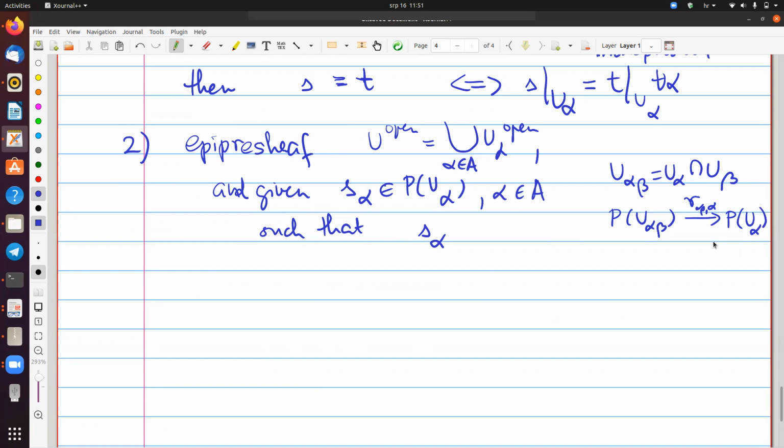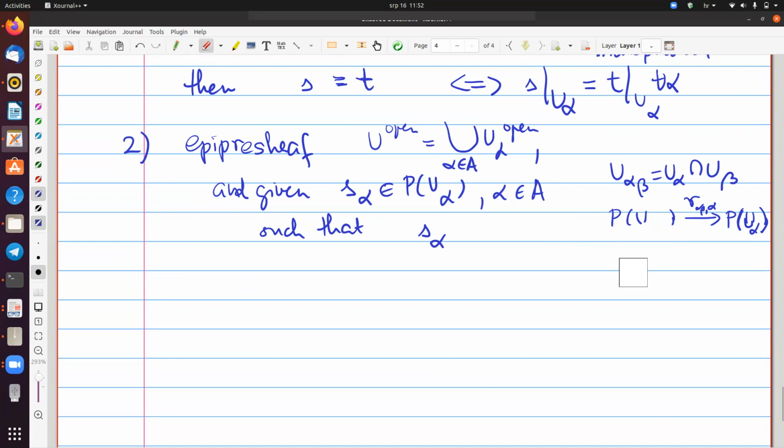What am I saying? I wrote it wrongly. I wrote you restrict from a bigger open set to smaller open set, from U alpha beta to U alpha. So such that, and if you look at here, no, it was correct.